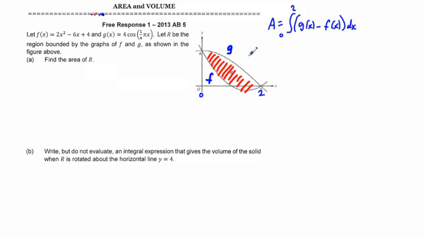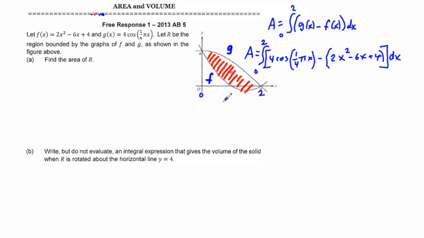And now fleshing this out with what the real values are for these, we have from 0 to 2, we're going to put the top function, which is 4 cosine 1/4 pi x, and we're going to subtract the f function, which is 2x squared minus 6x plus 4, and that's going to be dx on the outside.